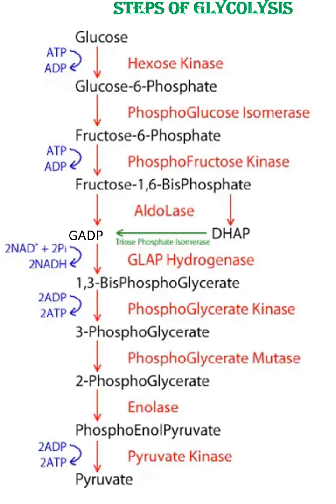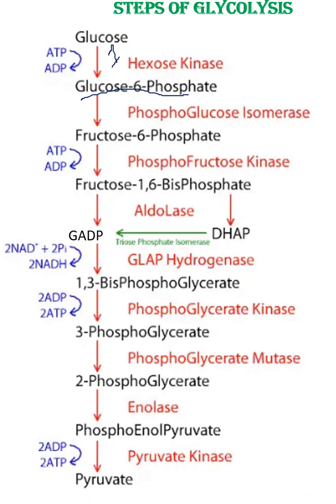Now here are the steps of glycolysis. First step, glucose to glucose 6-phosphate. It is the phosphorylation step. The first reaction is also called the hexokinase reaction. The enzyme hexokinase phosphorylates the oxygen on carbon 6 of the glucose to make glucose 6-phosphate.